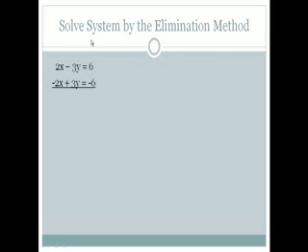Notice that your 2x and your negative 2x, those cancel out automatically. And notice that the negative 3y and the positive 3y, they cancel out automatically. There are no x's, there are no y's on the left-hand side of this equation. Our variables cancel each other out. All of them are gone.